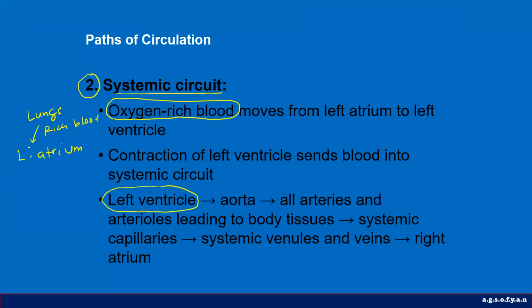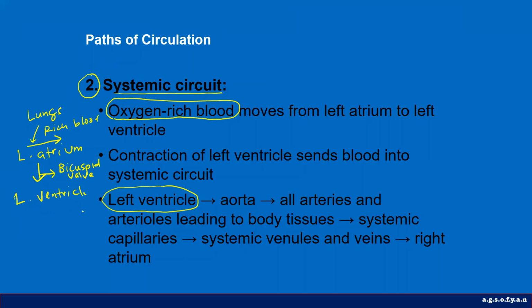It enters into the left atrium, and from the left atrium it will go to the left ventricle. There is a valve over here. It's called the bicuspid valve or mitral valve. And then it goes to the left ventricle.